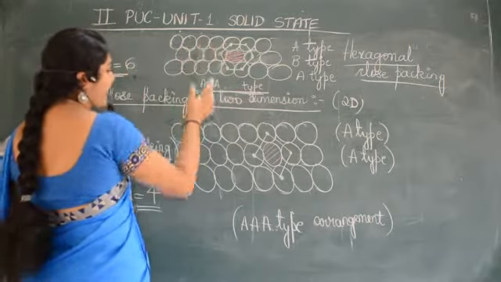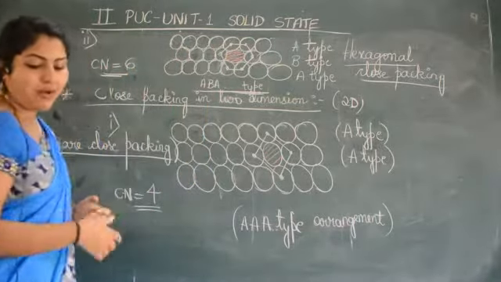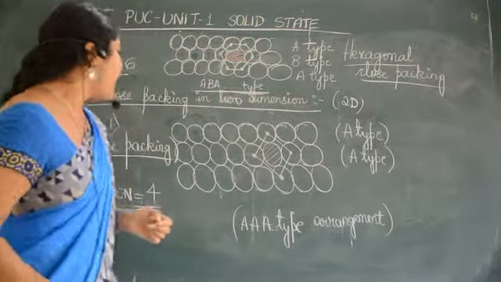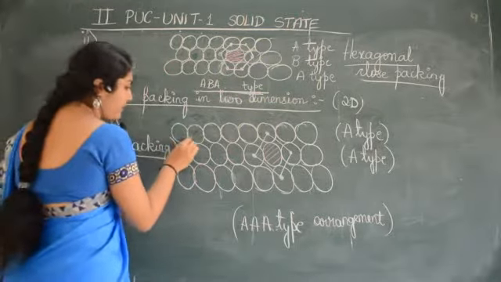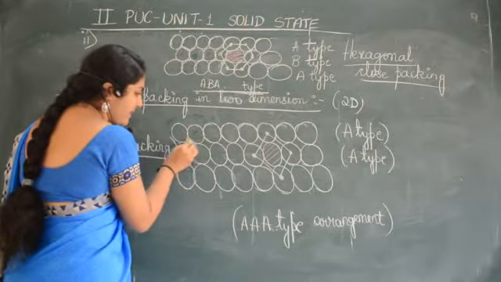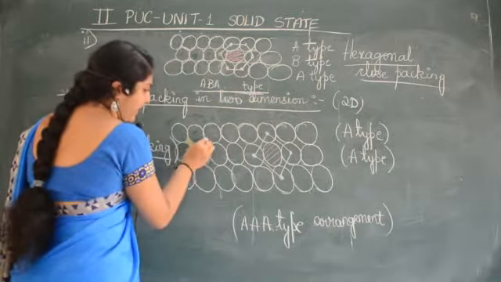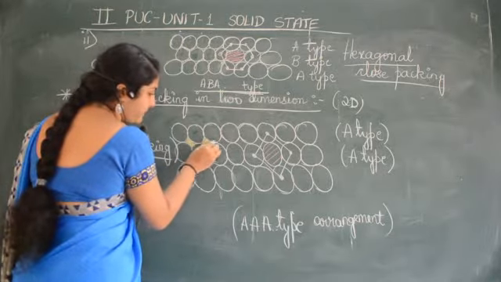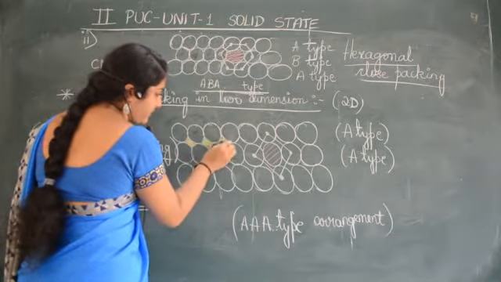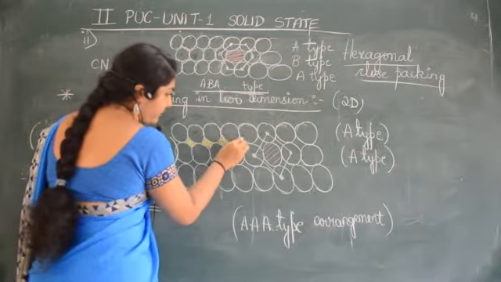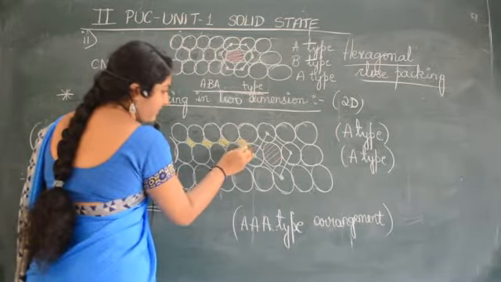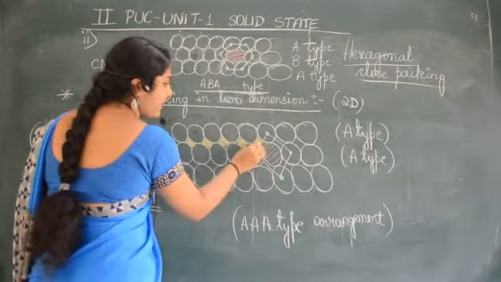Now you compare these two, in which do you see more empty spaces? See, I will show the empty spaces with this color. Here you see these are the empty spaces.